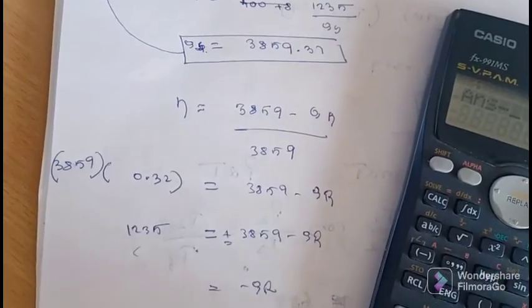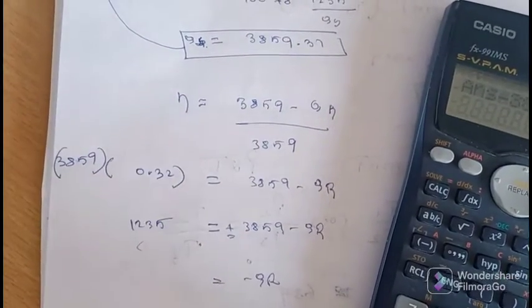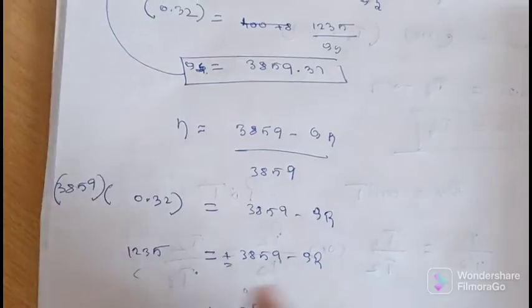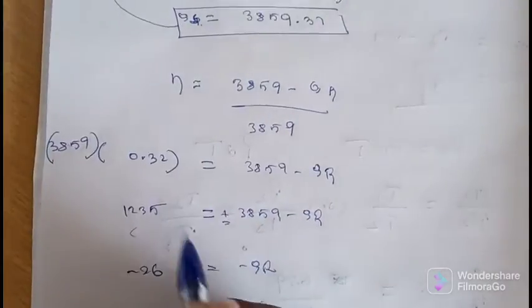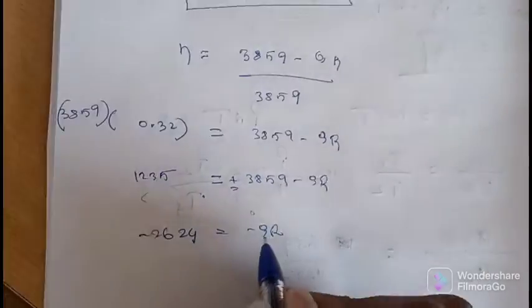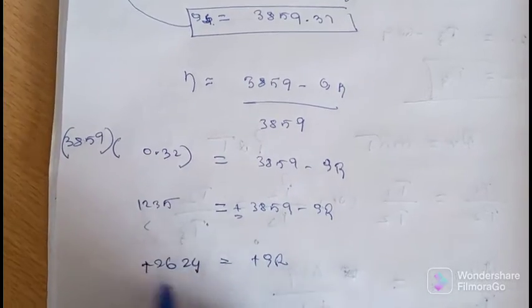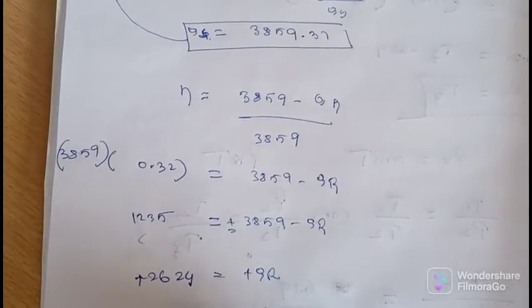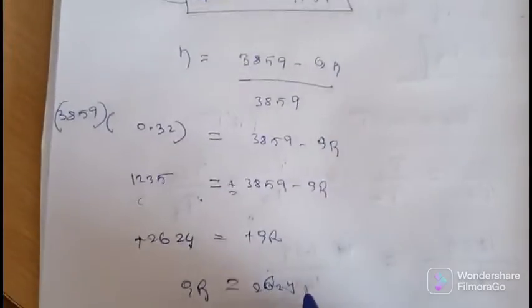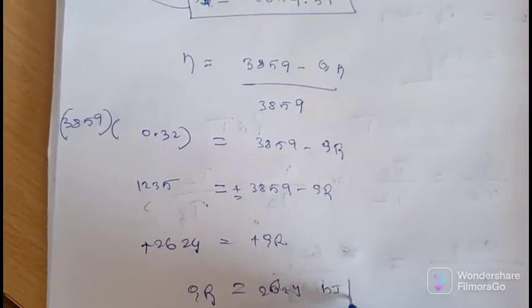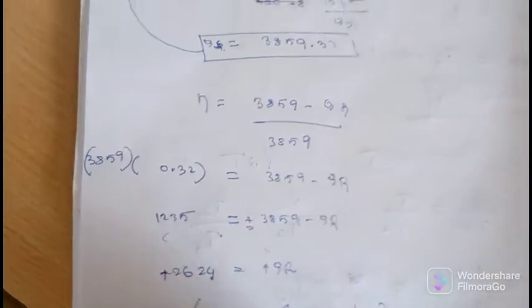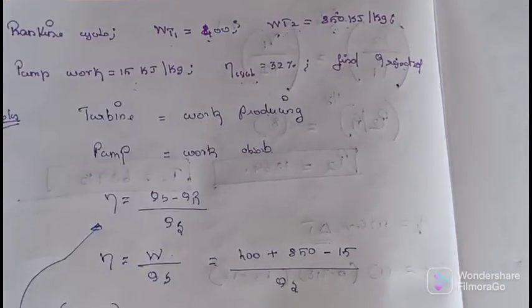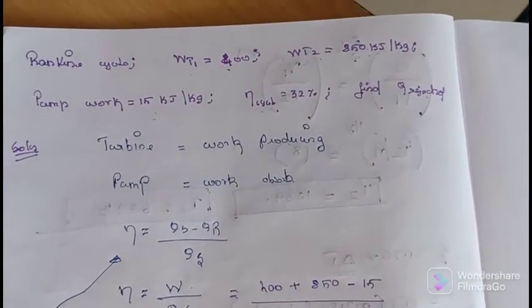So 1235 minus 3859, we get the answer of minus 2624. On both sides it is minus, so it is cancelled. So Q rejected is 2624 kilojoule per kilogram, which is the right answer for this question. Okay, thank you.